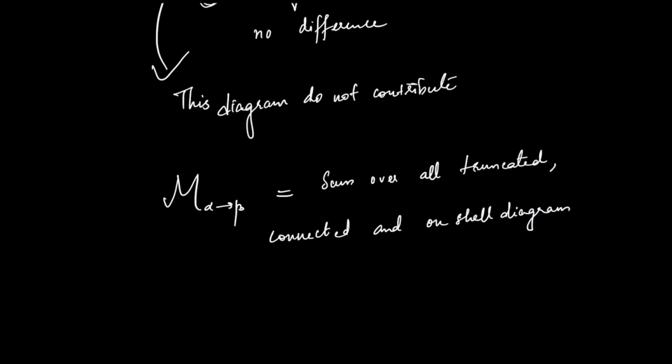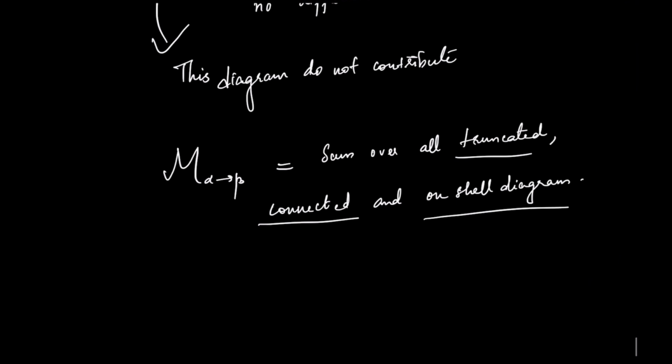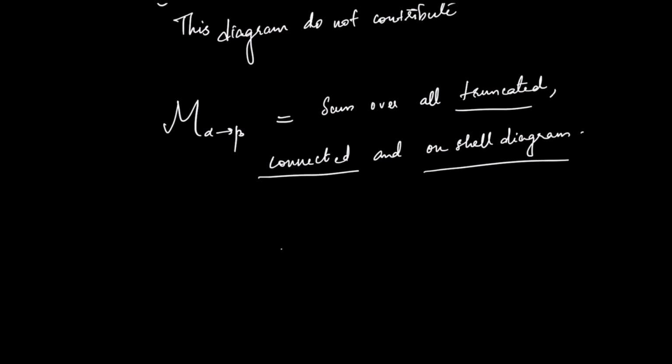Therefore M alpha beta is equal to the sum over all truncated, connected and on shell diagrams. Okay, so for this class we stop here.